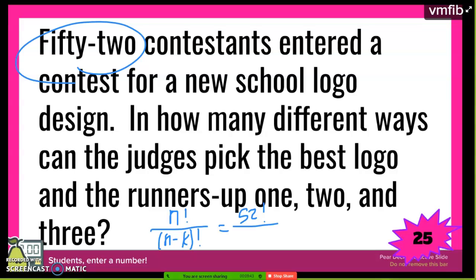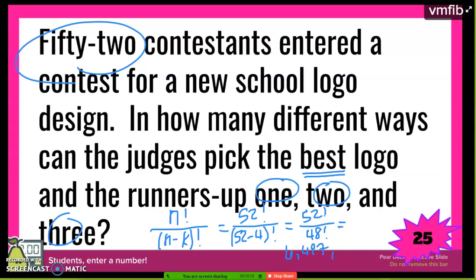K is 4, because we're doing the best, plus this runner-up, and this runner-up, so that's 4. And if you put that into your calculator, 52 factorial divided by 48 factorial, 6,497,400.